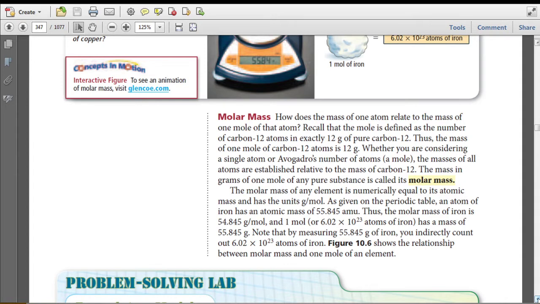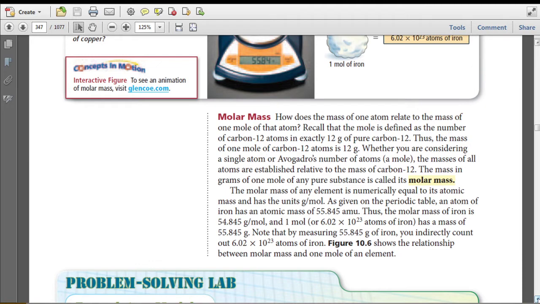As given on the periodic table, an atom of iron has an atomic mass of 55.845 AMU. Thus, the molar mass of iron is 55.845 grams per mole, and 1 mole, or 6.02 times 10 to the 23rd atoms of iron, has a mass of 55.845 grams.